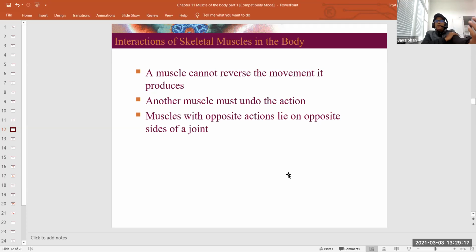So if biceps brachii is flexing your elbow, triceps brachii undoes that action. That means triceps extends. A muscle cannot reverse the movement it produces. Another muscle must undo the action.